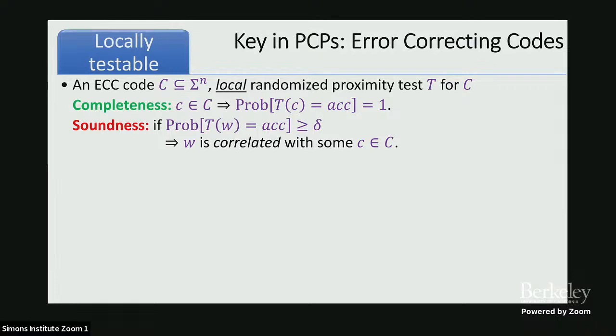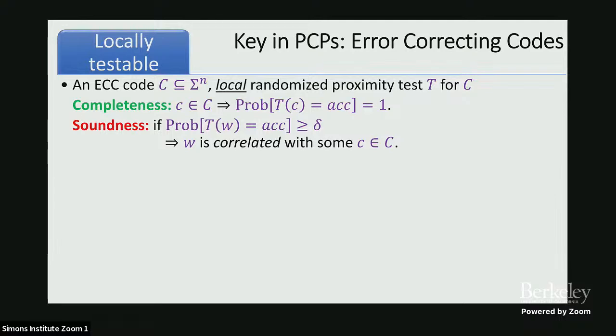Well, first of all, let's say that I have a code C, which is just a subset of sigma to the n. I'm going to say that it is locally testable if I have some tester T, a randomized tester. The tester gets oracle access to some word, probes a few locations, hopefully constantly many, and then based on what it reads, it decides whether to accept or reject.